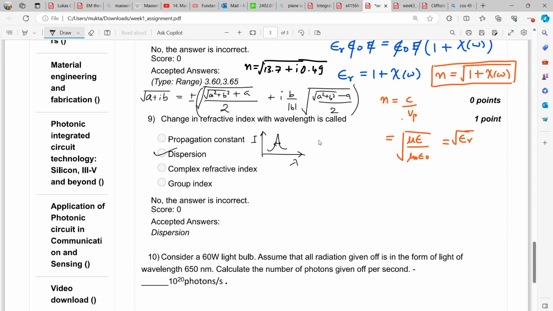Then if I send a pulse of light through a dispersive medium, then on the other end, due to dispersion, I will see a broadening of the pulse or a shortening of the pulse. The pulse shape will be altered because these different wavelengths travel at slightly different speeds. That is called dispersion.